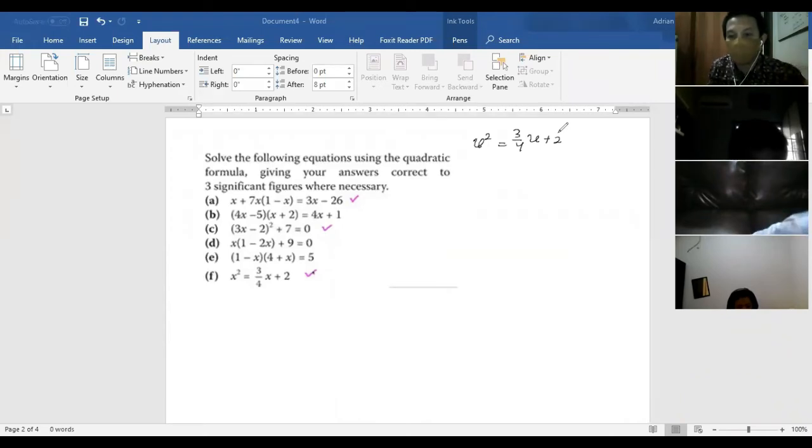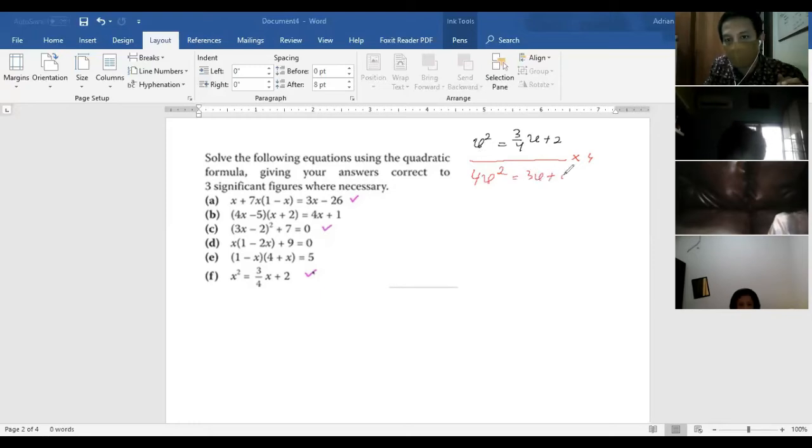Do you have any suggestion? Please avoid fractions. This one has 4, so you have to multiply by 4. So make it simple. So you'll find 4x squared equals 3x plus 8. Is it clear, everyone?